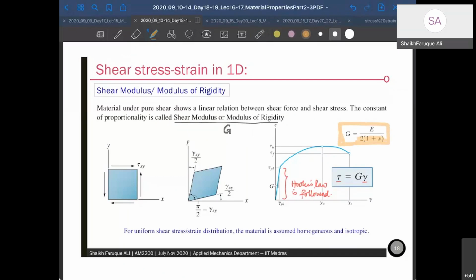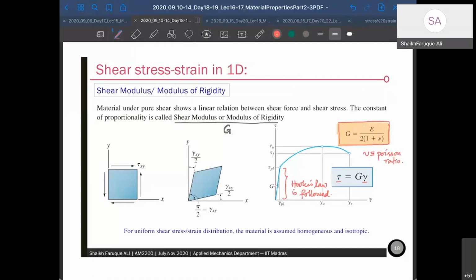So that is given by G equals the elastic modulus or Young's modulus E divided by 2 into (1 plus nu), where G is the shear modulus, E is your elastic modulus, and nu is Poisson's ratio. Okay. So that's the relationship. This relationship is very important, and you have to remember this formula, because in many places G won't be given to you.